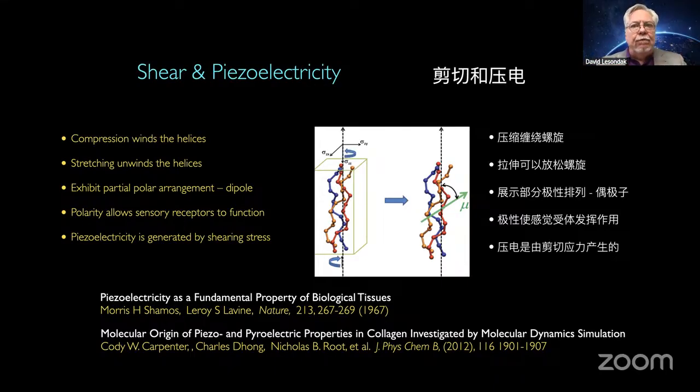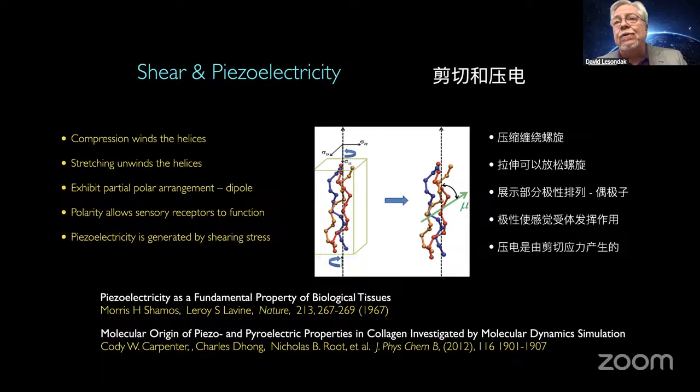So we're festooned with many, many sensory receptors throughout the body. We're going to see them in a moment. But we think that they work on a very small electrical charge, piezo pressure-generated electricity. But the funny thing is, there's a helix to it that winds and unwinds when that signal is generated.